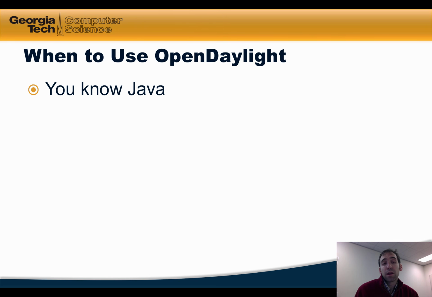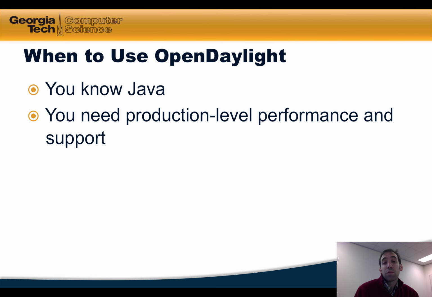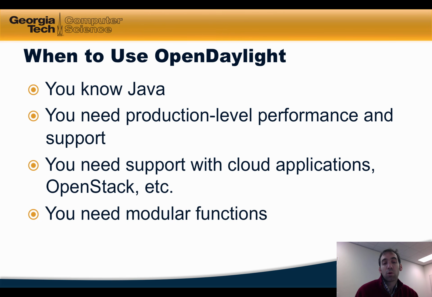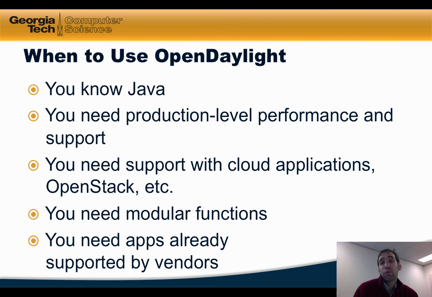You might want to use OpenDaylight if you know Java, if you need production-level performance and support, if you need support for cloud applications, OpenStack, and so forth, if you need modular functions, such as the ability to plug different types of functionality, including both northbound and southbound functionality, into the same controller, or if you need applications that are already supported or implemented by vendors. We'll talk a lot more about these modules and applications that are supported by vendors in the next lesson.